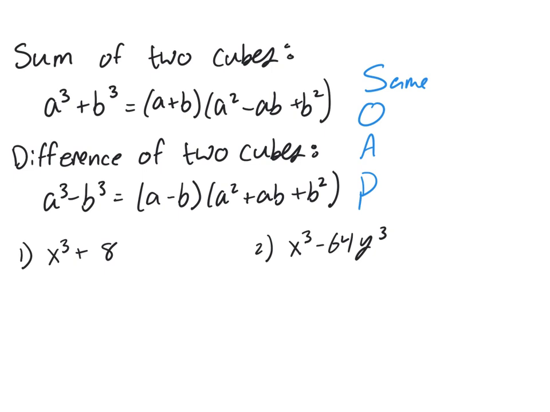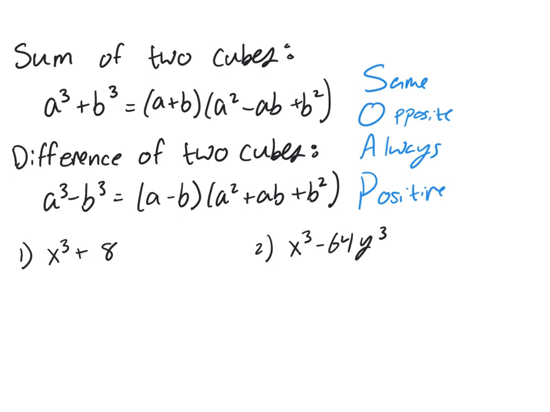Then the second sign is the opposite. So if we have a sum, the second sign is going to be negative. If we have a difference, the second sign is going to be positive. And the last sign is always positive, because it's b squared, so it's always going to be plus b squared.